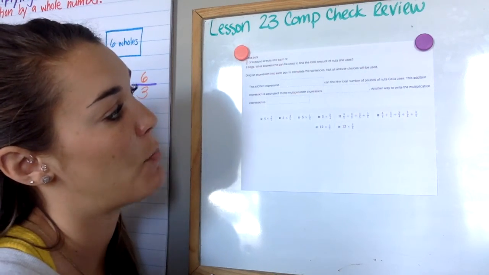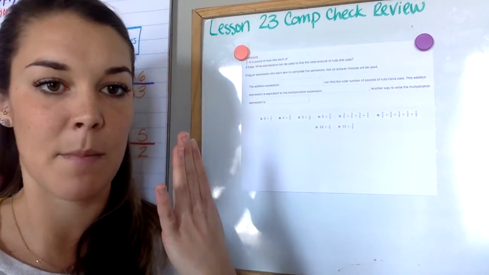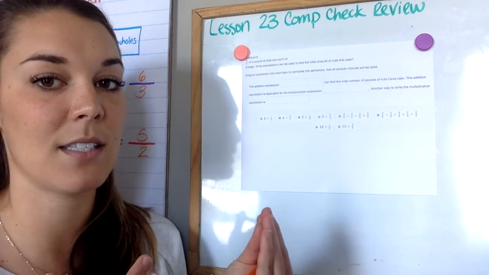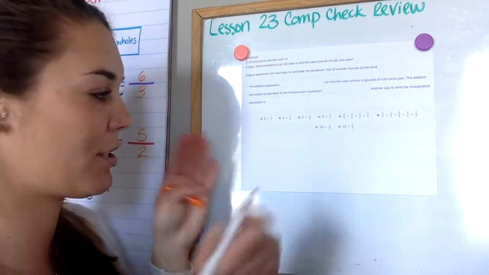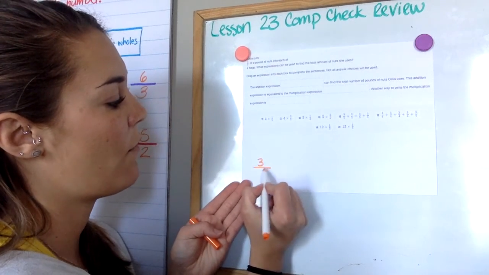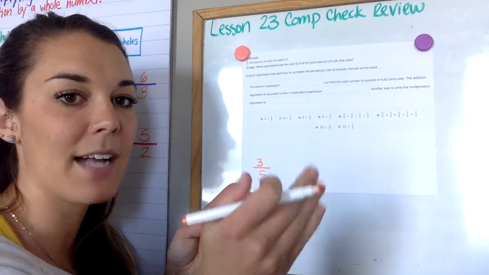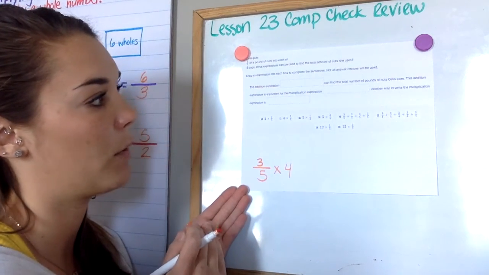Drag an expression into each box to complete the sentence. Okay, so I'm just trying to think about this in my mind. She has 3/5 of a pound of nuts into 4 bags each. Okay, I'm just going to write this down. So 3/5. And that's in 4 bags each. So I'm multiplying it by 4.